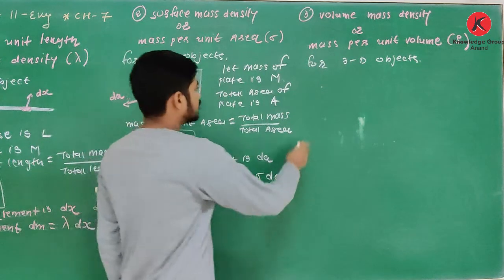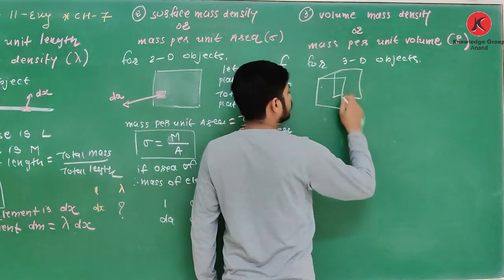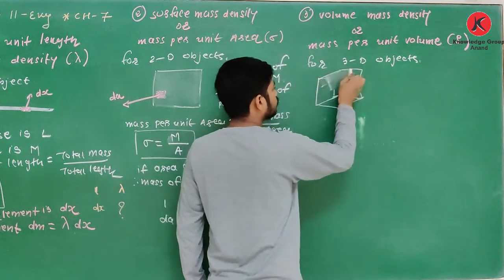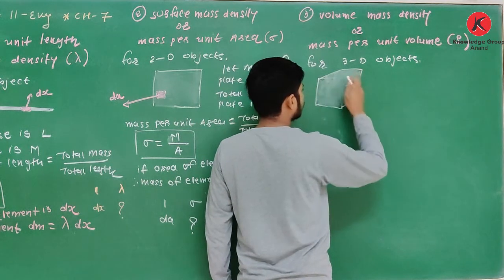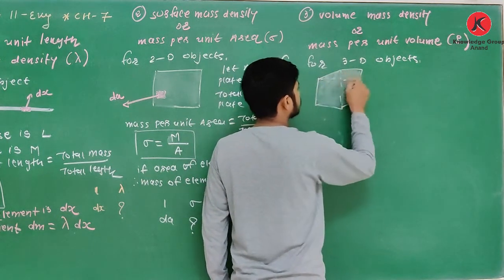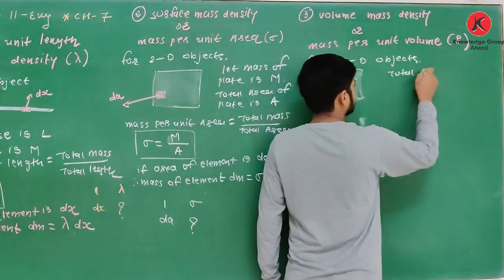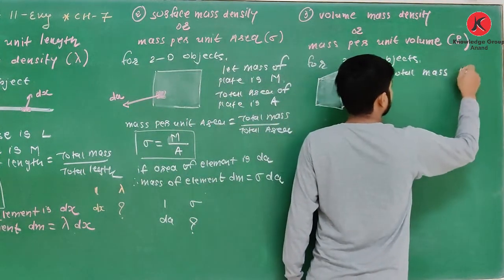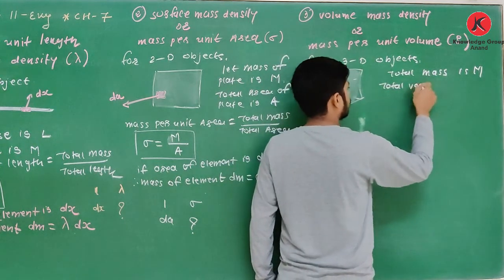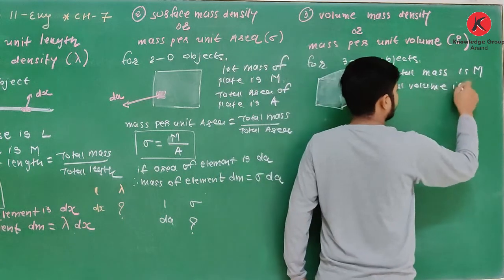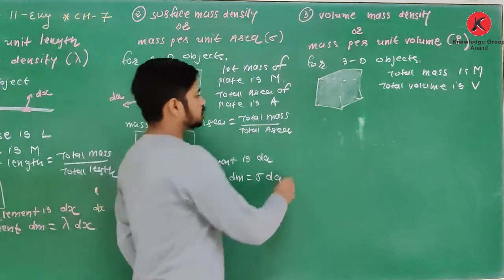For this, let us consider one object like this. Suppose it is one cube, a three-dimensional object, whose total mass is m and whose total volume is V. Then what is mass per unit volume?